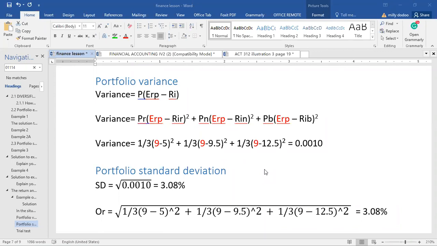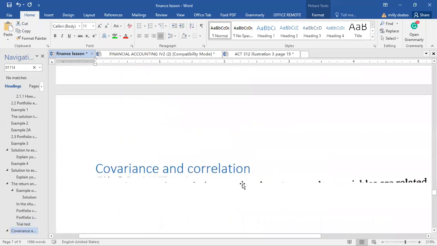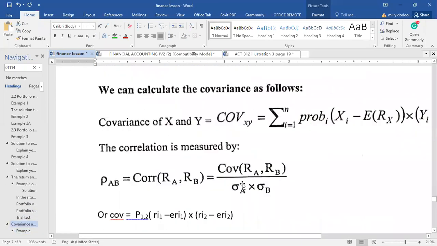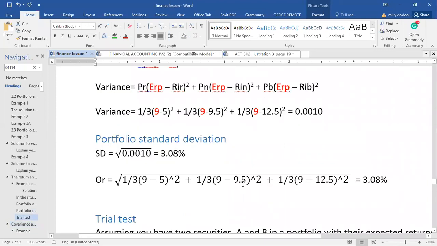From the variance, we will be looking at how to calculate the standard deviation. We said that when you take the square root of your variance, you get the standard deviation.